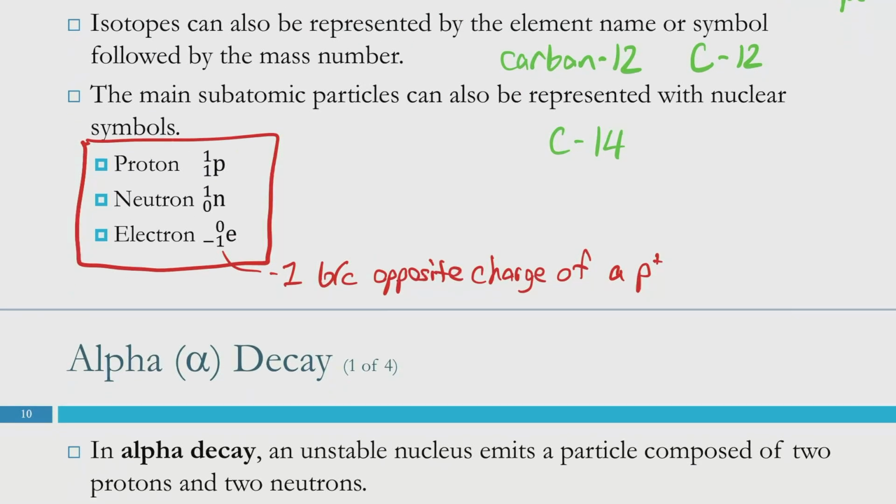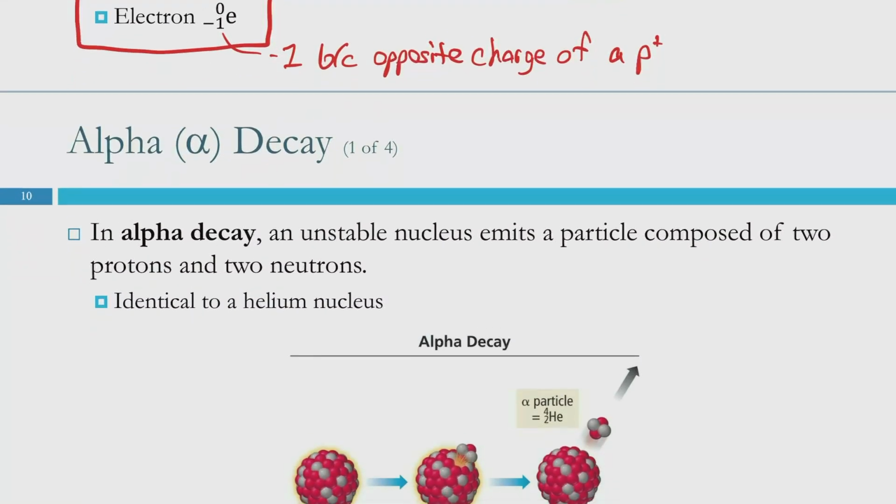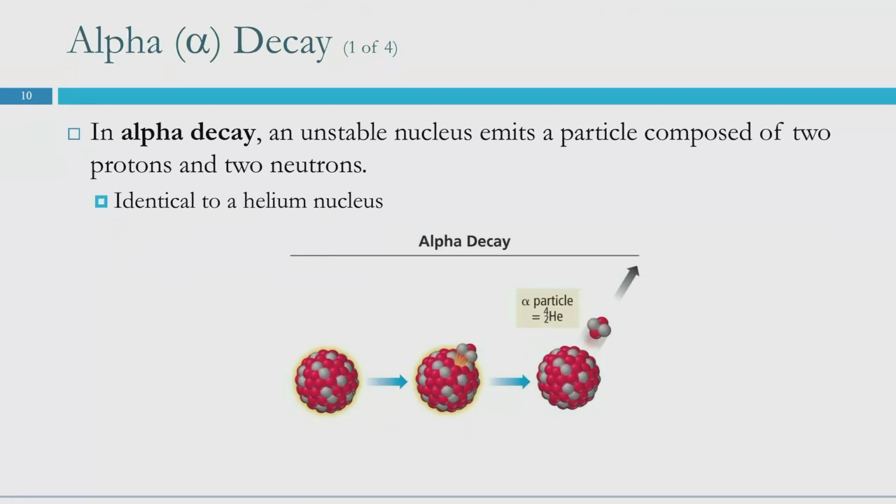Our first type of radioactivity is alpha decay. In alpha decay, an unstable nucleus emits an alpha particle. Convenient.